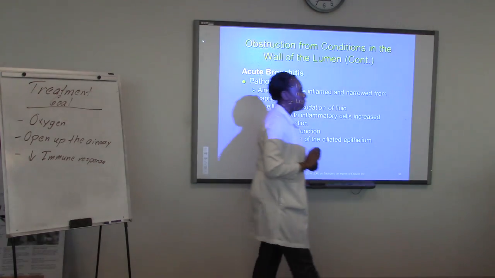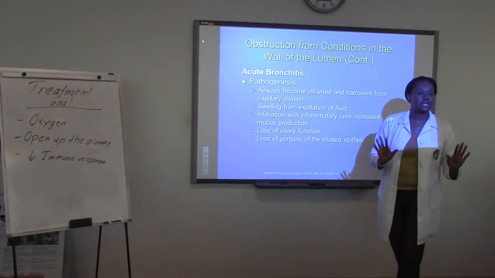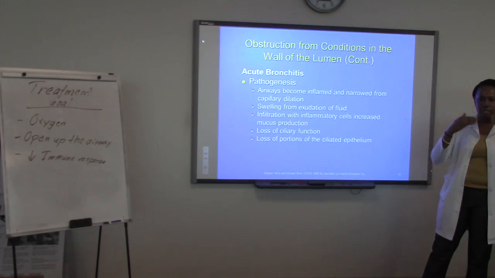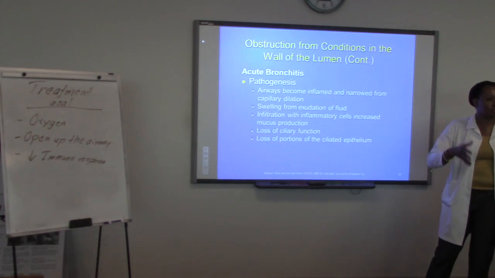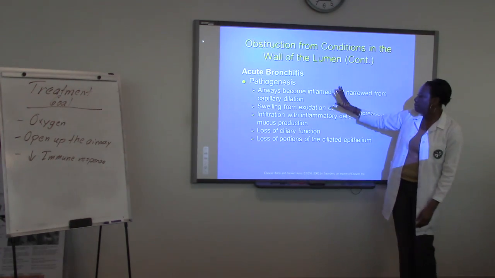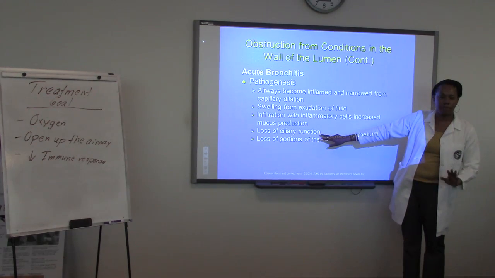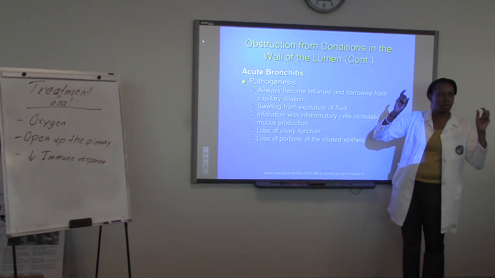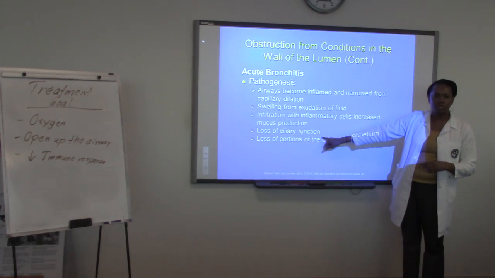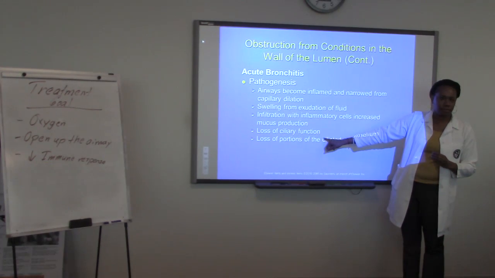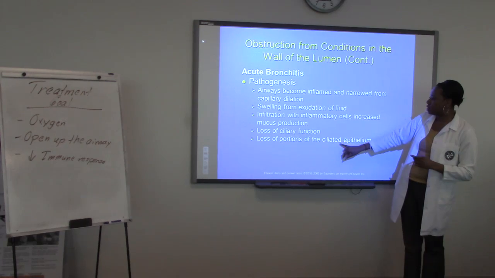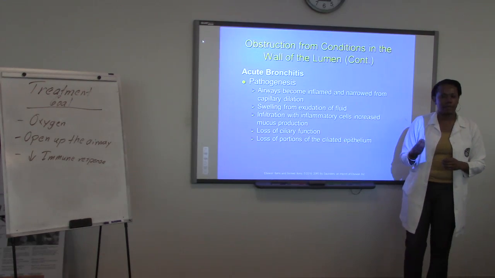So pathogenesis for acute bronchitis is pretty much the same as asthma. The same kind of pathogenesis, they're going to have mucus secretion, all that. But two things I just want to point out. The last two sentences here, if you want to highlight, this is kind of their hallmark. These patients lose ciliary function, and they also lose portions of the ciliated epithelium.